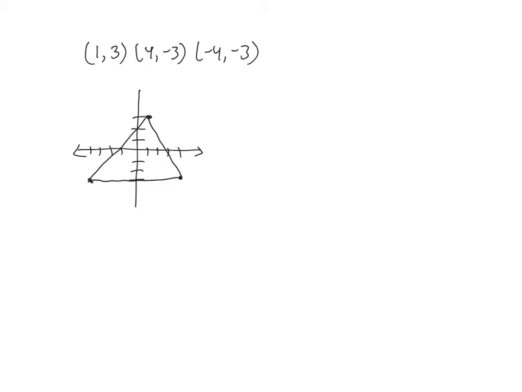Okay, so perimeter. Okay, the bottom one should be easy. Just count 1, 2, 3, 4, 5, 6, 7, 8. Okay, so the bottom is 8.